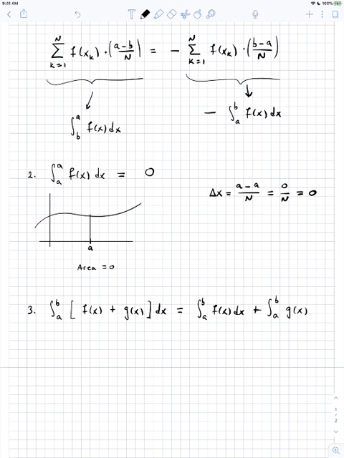The way we often say this is we say the integral of the sum is the sum of the integrals.